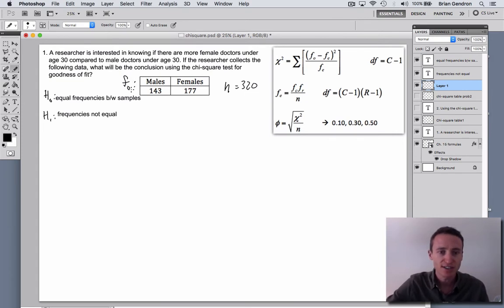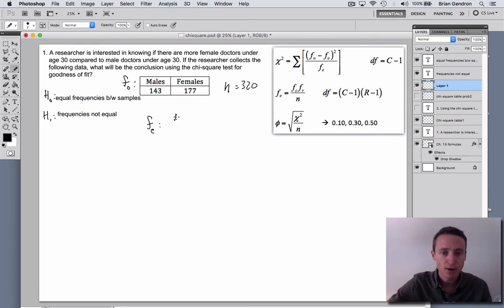This is the frequency or the data that the researcher actually observed. And the way chi-squared tests work is you compare your observed frequencies to the expected frequencies if the null hypothesis were true. So what I'm getting at here is we need a new table called the expected frequencies, FE.